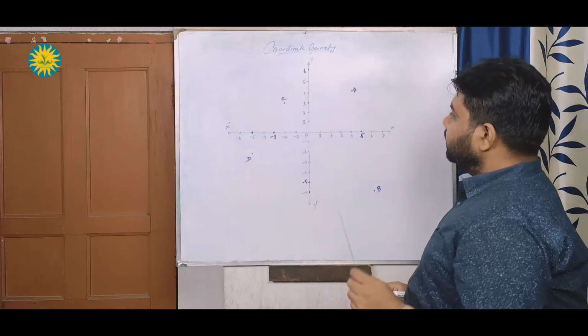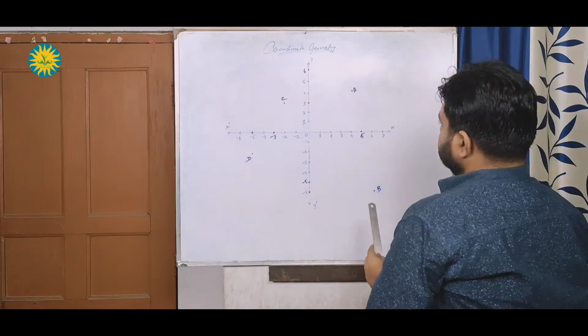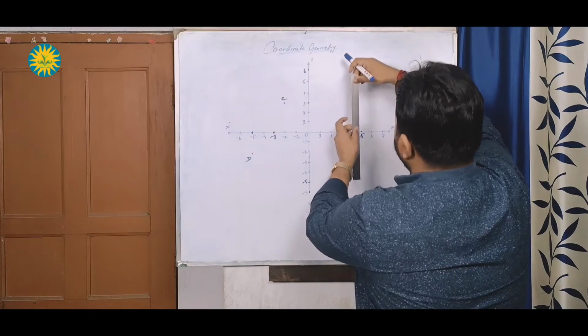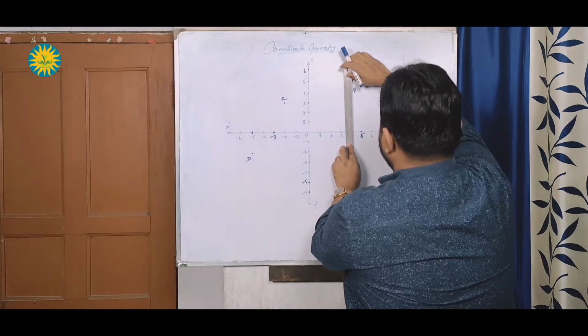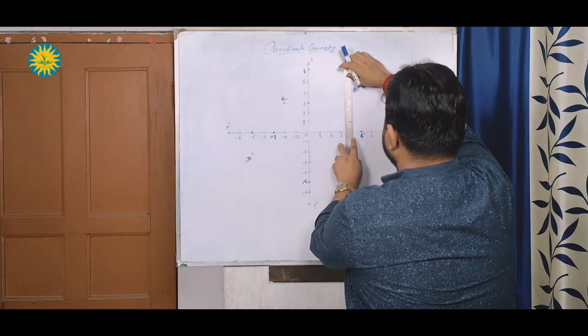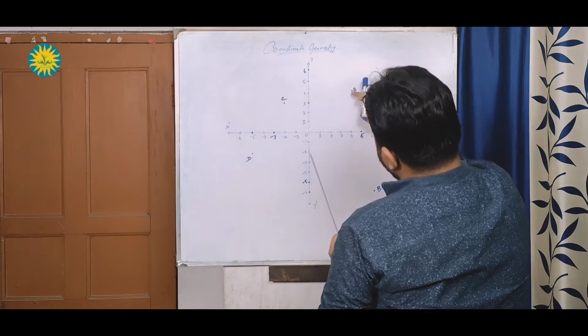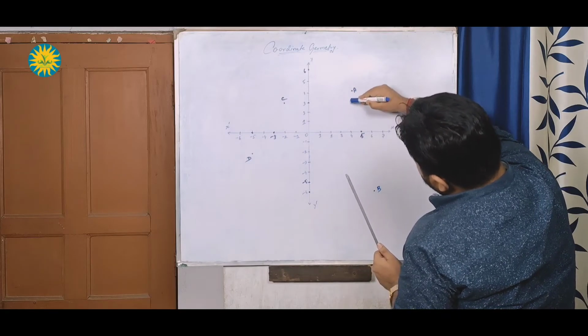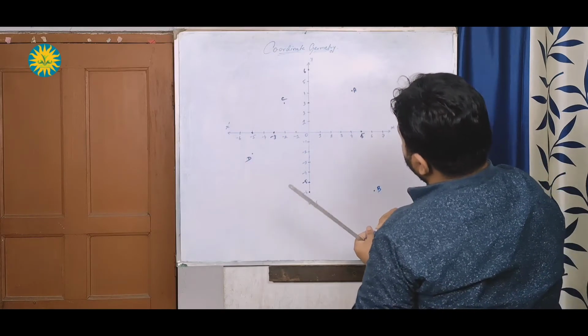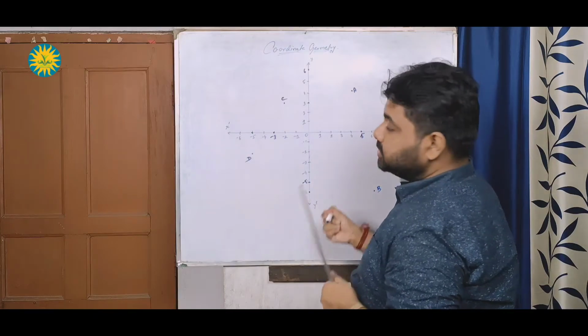First of all, I have to take the x axis. So this is our point. We will drop a perpendicular from this point to the x axis. Just see, this is 4. If we drop the perpendicular on our x axis, we get the point 4. Therefore the x coordinate of point A is 4.